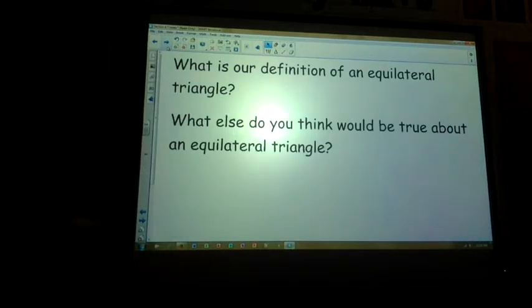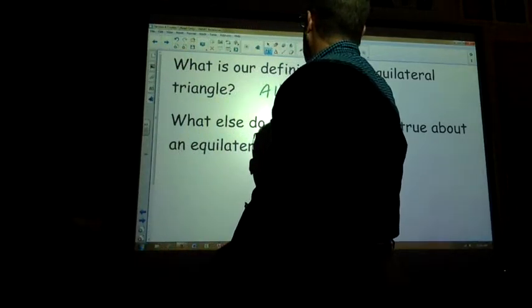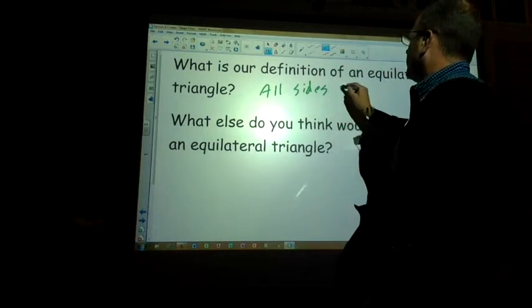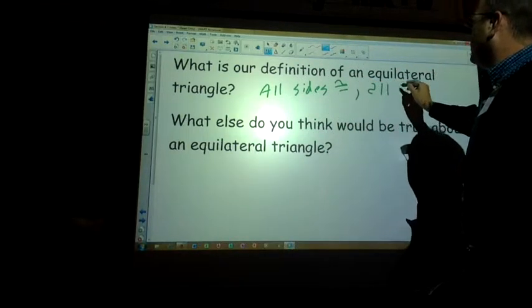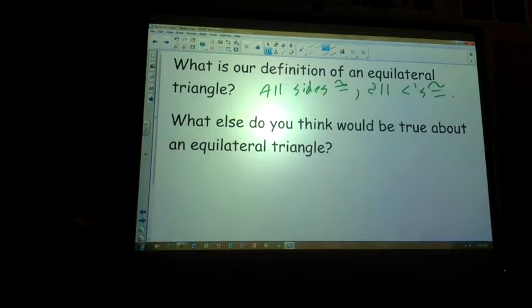Okay, what is our definition of an equilateral triangle? What do you think? All sides equal. Okay. All sides equal. And angles equal. All angles equal or congruent? What do you think? What else do you think might be true about an equilateral triangle?